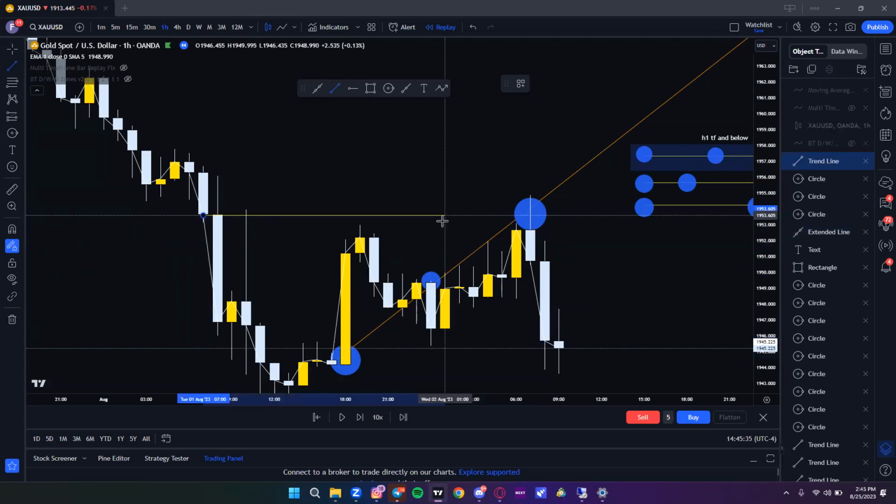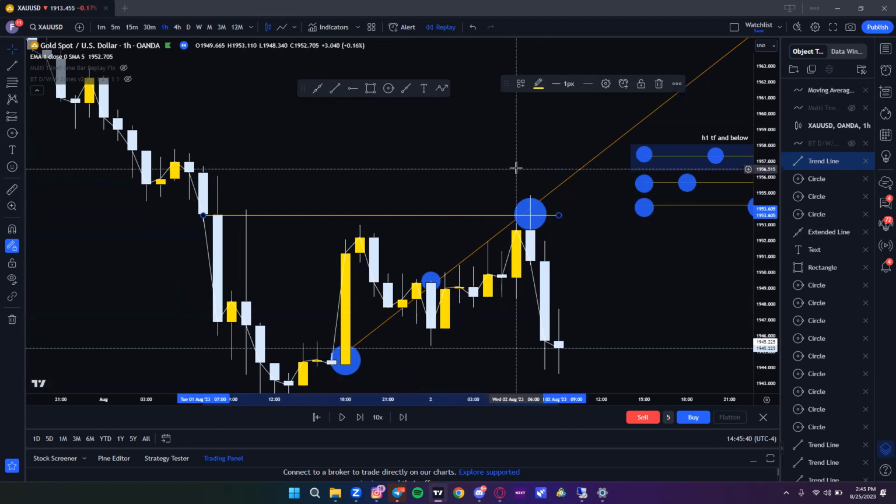if you're selling, it's going to be above your SNR level, because if you enter at this level, you're going to experience a lot of drawdown.